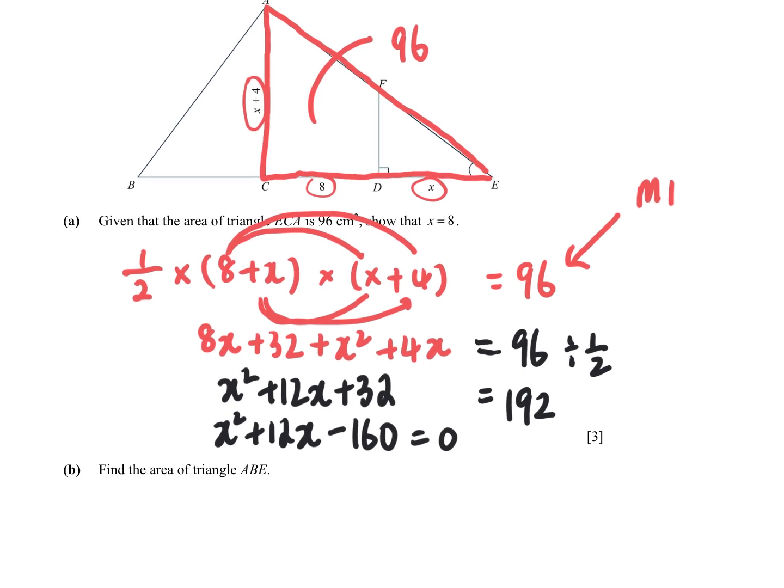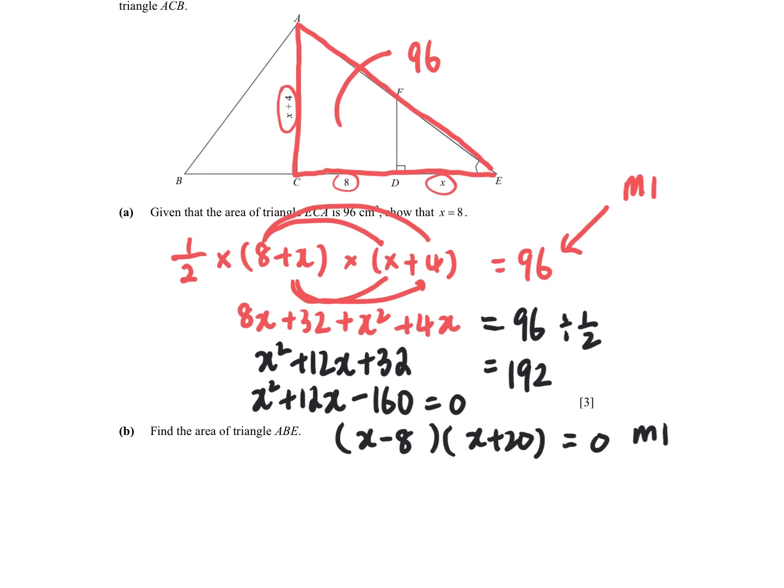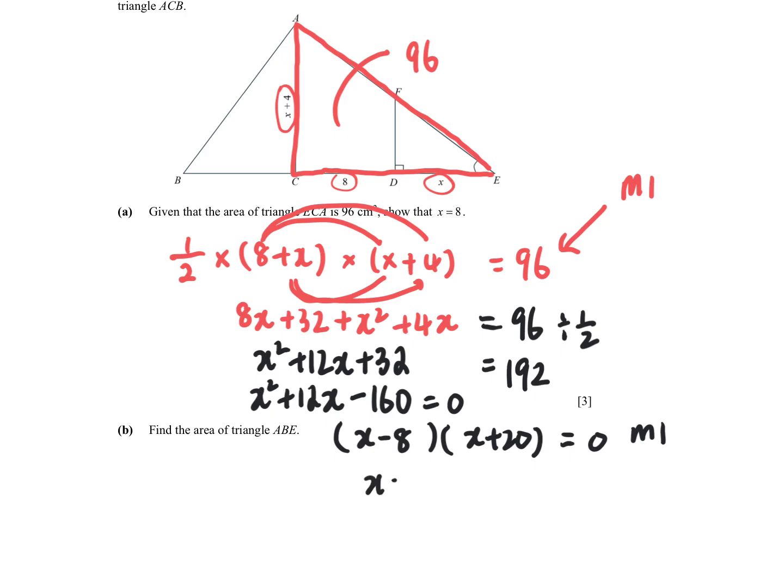Okay, so where is the second mark? The second mark is where you can factorize this correctly. Okay, final answer is 8 and minus 20.